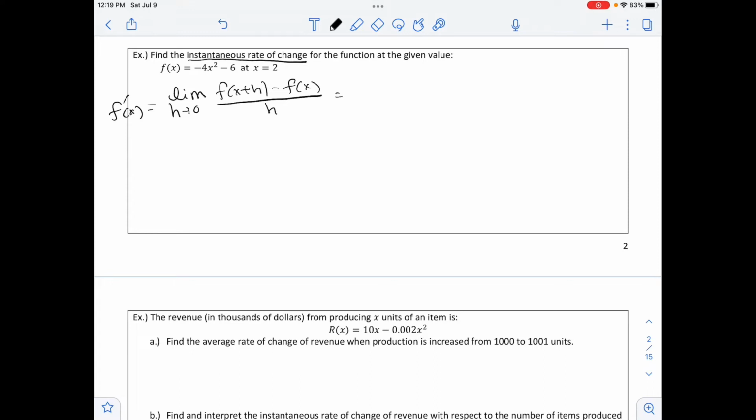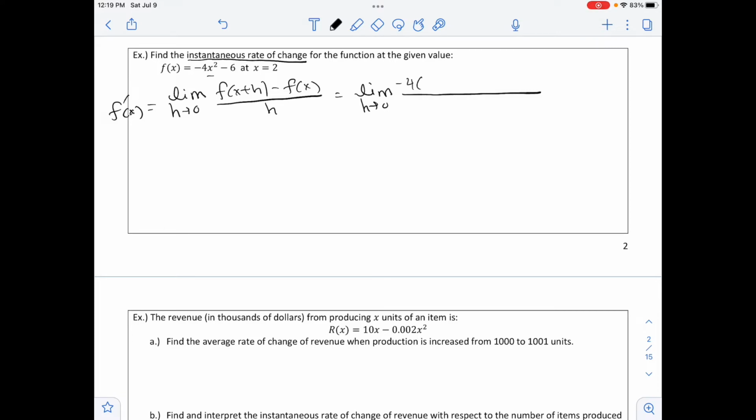From here, in order to find f of x, we already have that, it was given to us, but f of x plus h, if you remember back earlier in the semester, we did these kinds of problems where you have to substitute this into our function. So the limit as h approaches 0 of, and f of x plus h, every time you see an x, you're going to put x plus h.